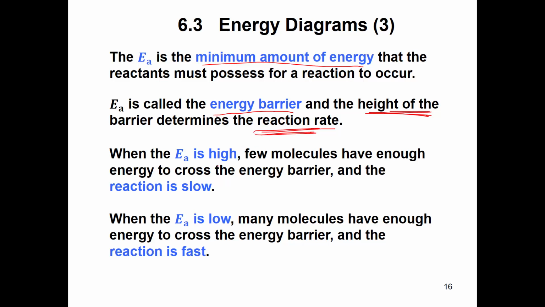When the activation energy is high, few molecules have enough energy to cross that barrier, so the reaction is slow. When the activation energy is low, however, a lot of molecules have enough energy to get to that transition state, and the reaction is fast.